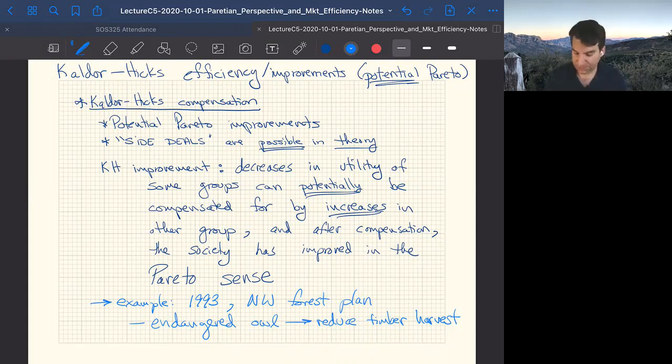So in the real case, in this Northwest Forest Plan, they wanted to protect this forest for this owl, but in doing so, it was going to really hurt the timber industry, because the timber industry is going to lose jobs because they had less ability to harvest timber. So what they did is they said, okay, fine.